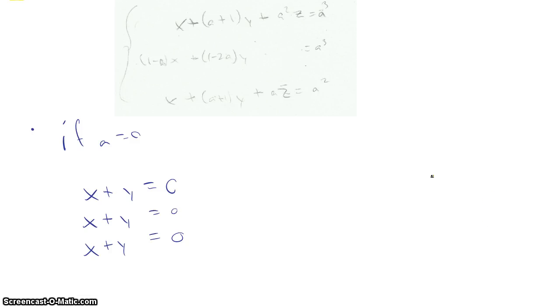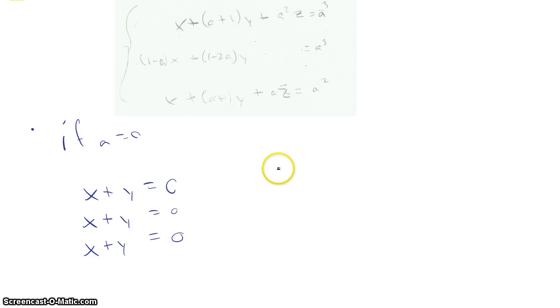Now, if a equals 0, what happens is I get some canceling out. A equals 0 here, so I have no z in the first one. And here I never had a z. When I put in 0, I get just x here and just y here. That's the same equation. I have the same equation listed 3 times. So this is the case where I have many solutions, because I just have one equation.